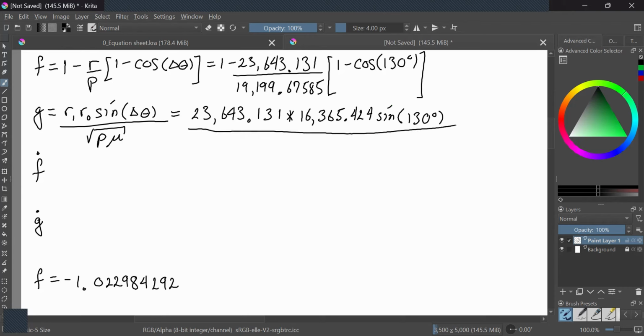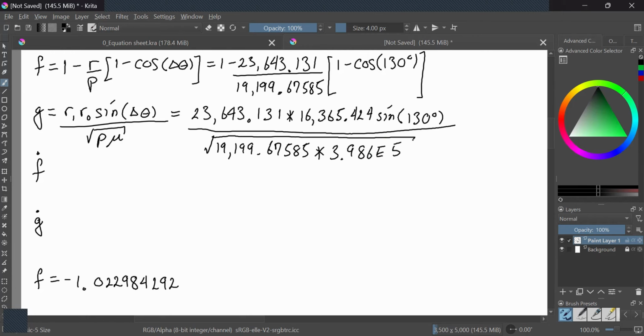That is going to be over the square root of P, 19,199.67585 times, also under that square root, mu, 3.986 times 10 to the 5th.